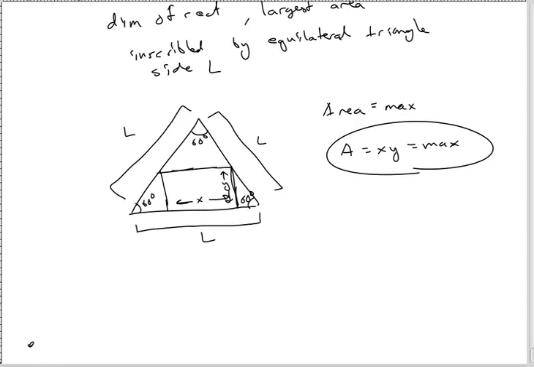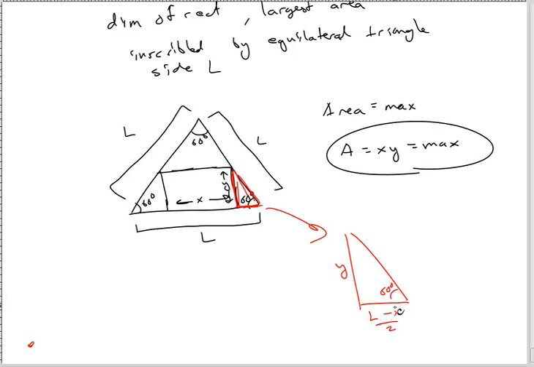What I did is I looked right here at this little triangle. So that's 60. This is a Y, and this is L minus X over 2? Yes. So L minus the X, but only want 1/2 of those. Yuck.